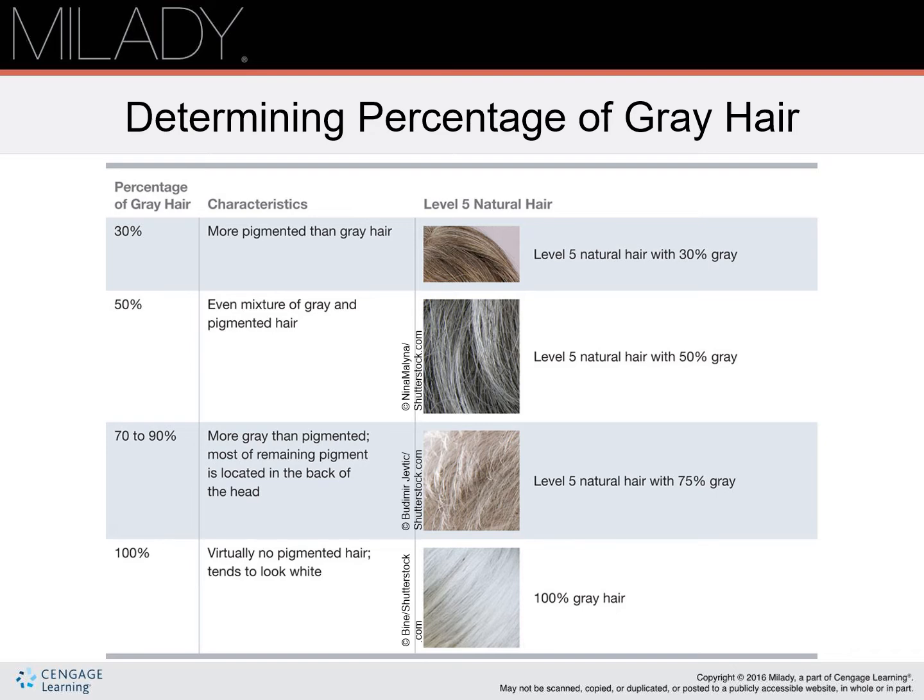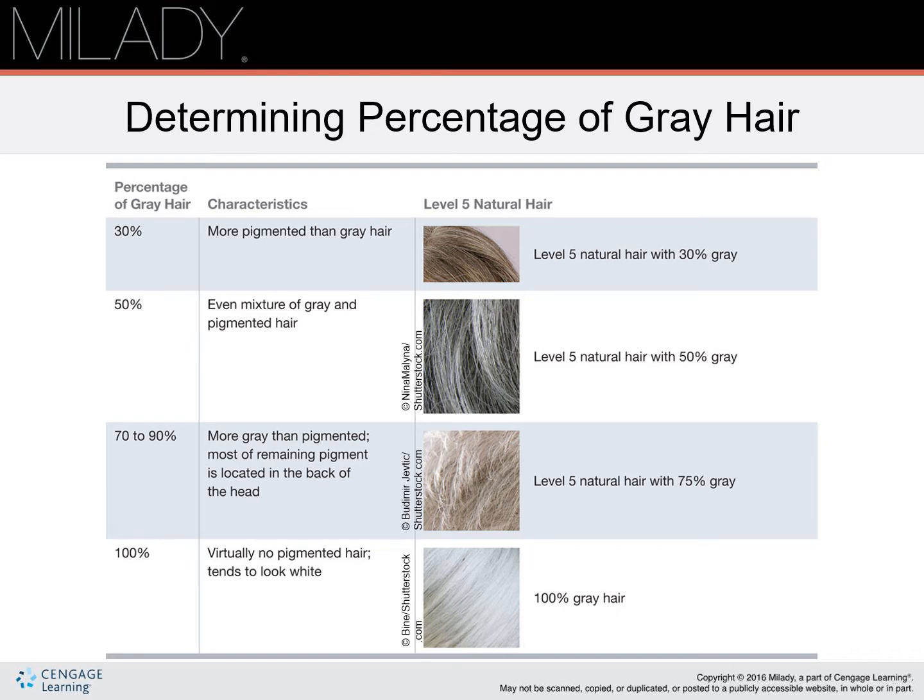Most of the remaining pigment is located on the back side of the head. That is because you typically, not always, but typically most of the time, you're going to gray in the front, around the front of your hairline, your temples. You're going to gray there first. Okay. In the picture, that is a level 5 natural hair with 75% gray.